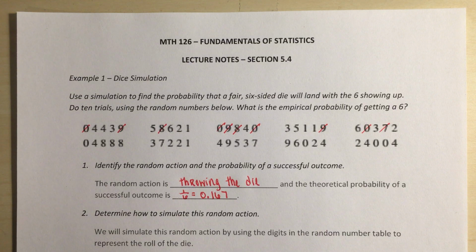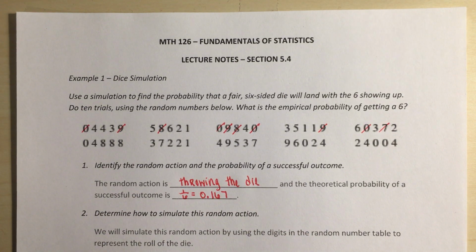Depending on how big you have, you could eliminate stuff in other rows, but we don't really need to. This should be enough to give us 10 rolls. If we were continuing on, anything that's a 0, 7, 8, or 9, we can't use, so we're going to skip that.